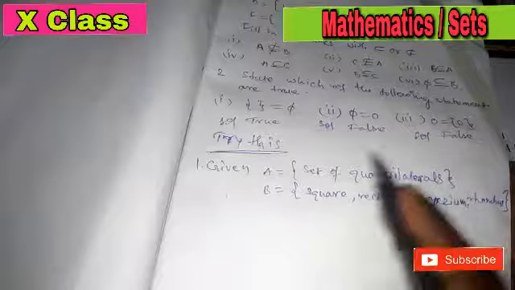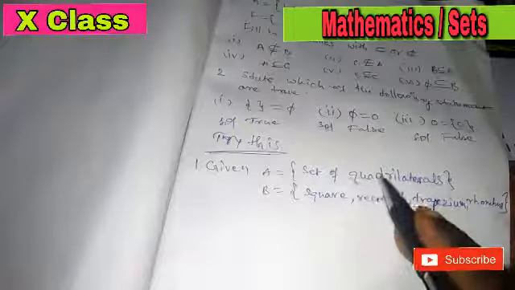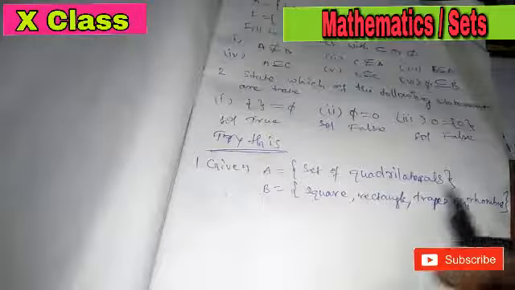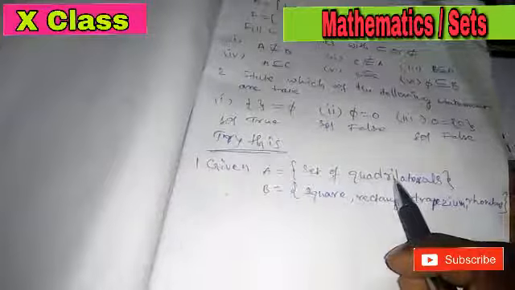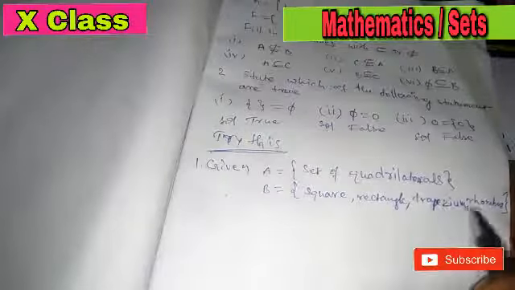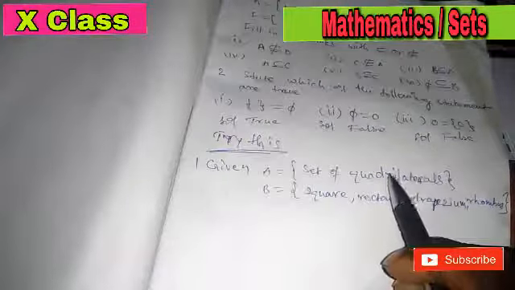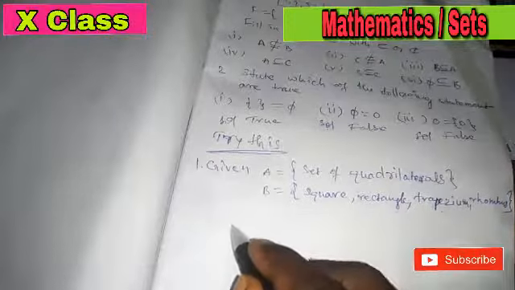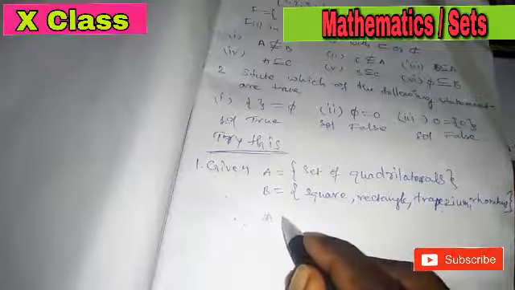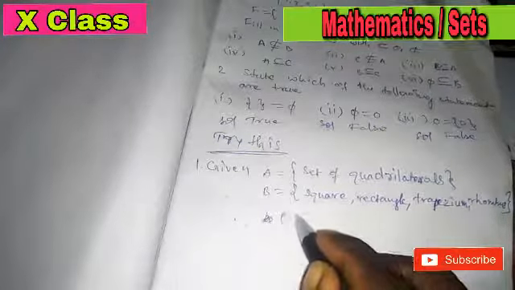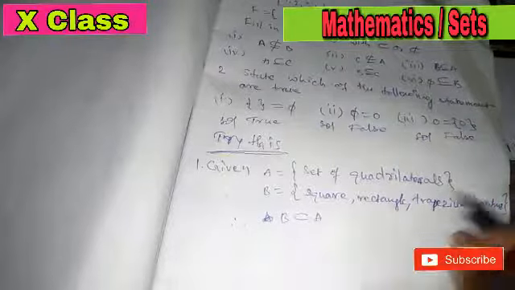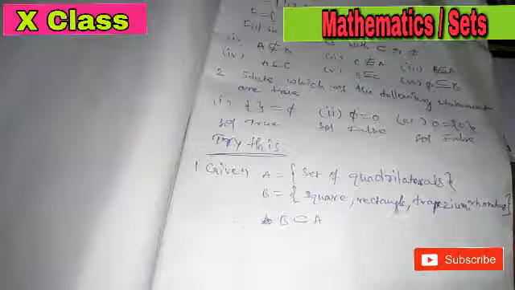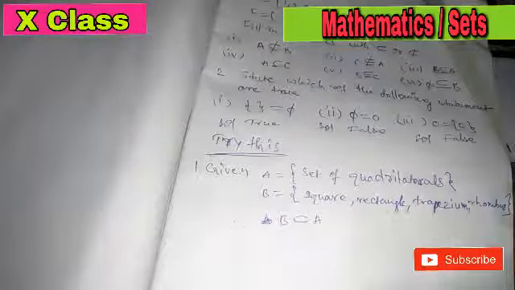All types of quadrilaterals are present in A, but B has only 4. Square, rectangle, trapezium and rhombus are also present in A. Therefore B is a subset of A. Why? Because these 4 are also present in set A. So B is a subset of A.